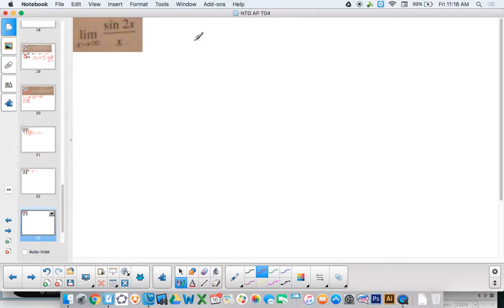All right. Finally, right here, the limit as x approaches infinity of sine of 2x over x. The top, sine, as we get closer and closer to infinity, just goes back and forth between negative 1 and 1.